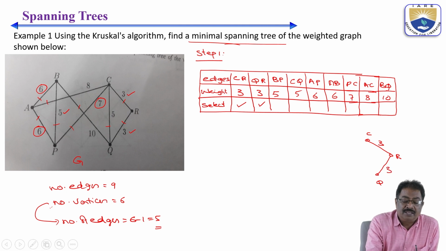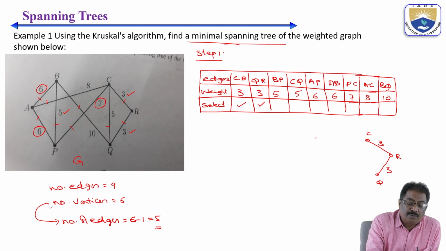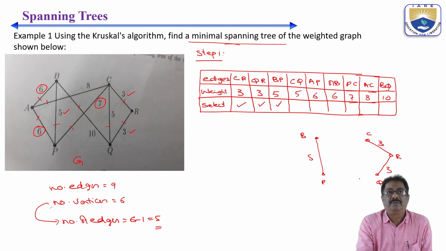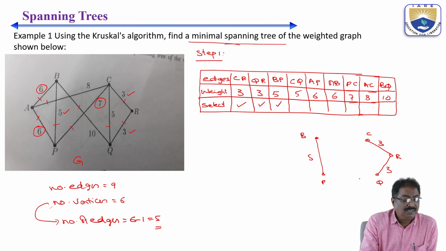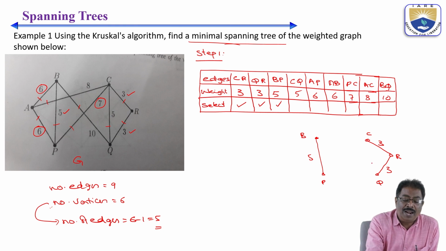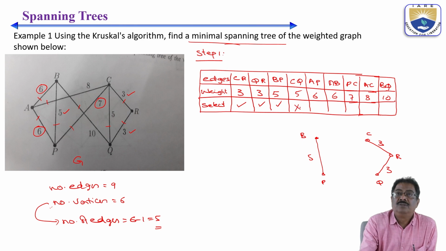Then BP, B and P, which is 5, because no cycle is formed. Next CQ. If I construct CQ, a cycle will be formed, so I am not going to construct that.